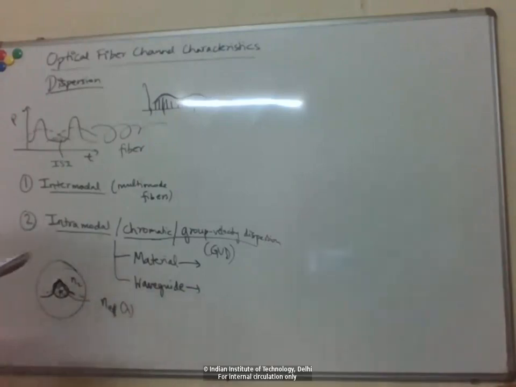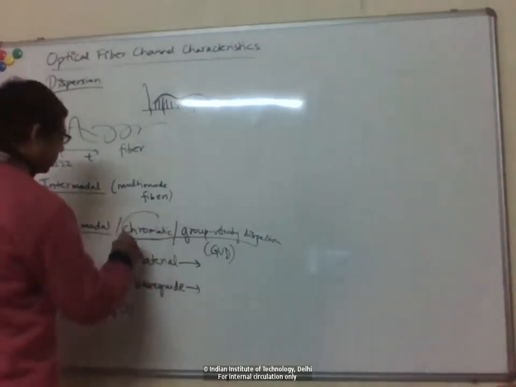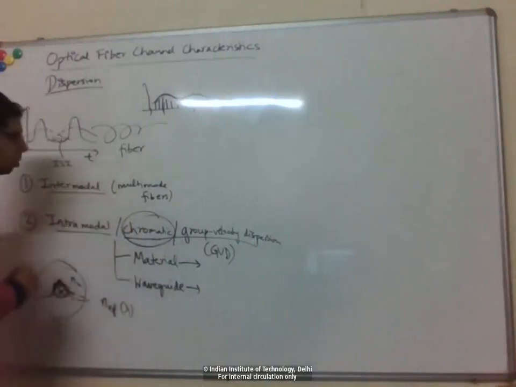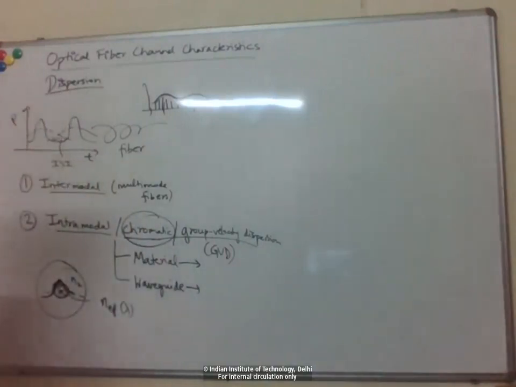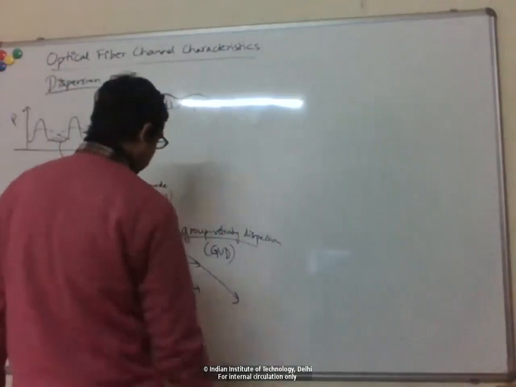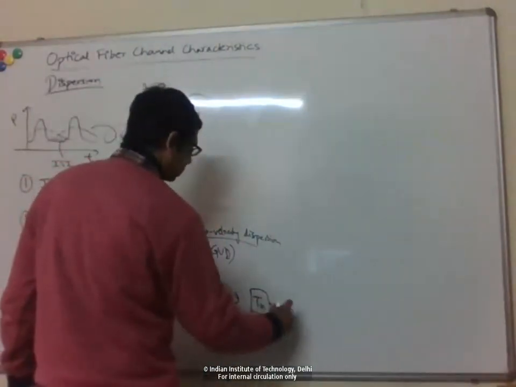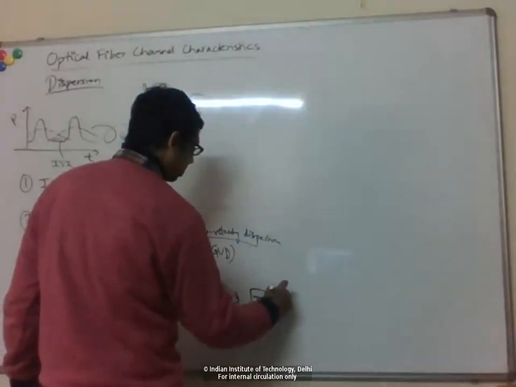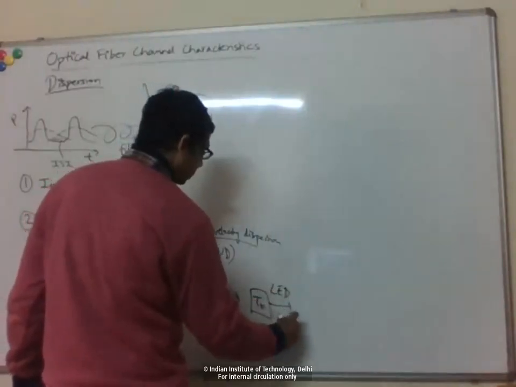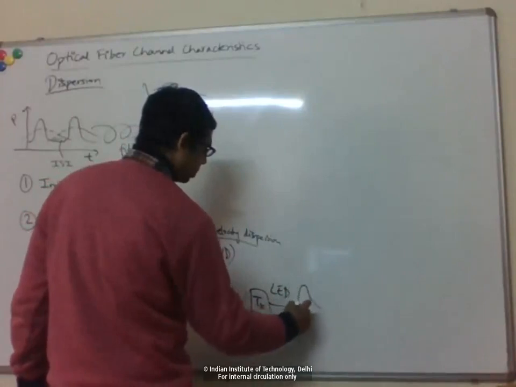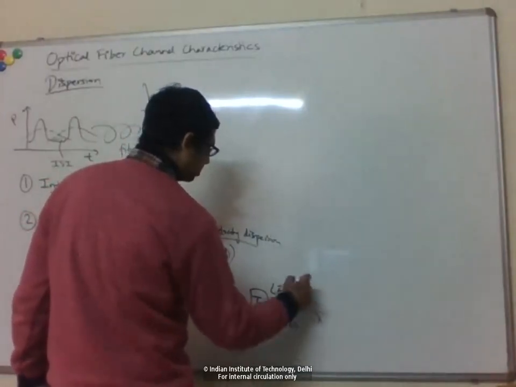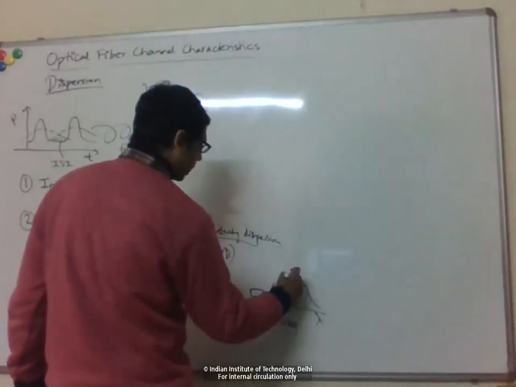Okay. So, again, this is chromatic dispersion, which depends on the frequency components, right? So it also depends on the source, that is, your transmitter, right? So this could be, for example, an LED or a laser, right? And it gives out some spectrum, right?